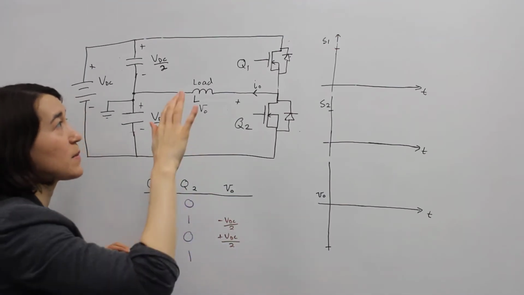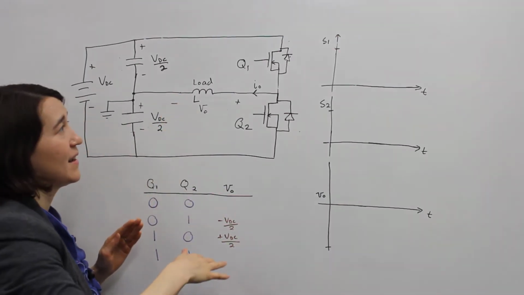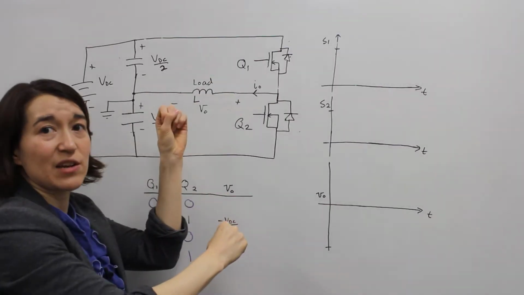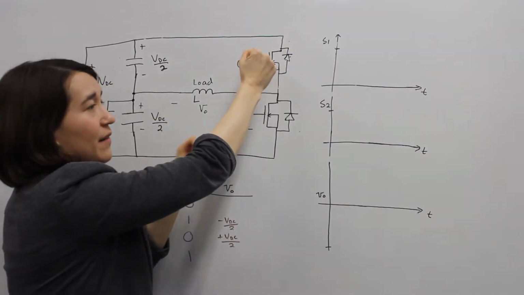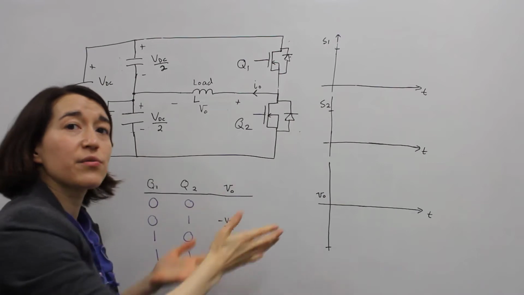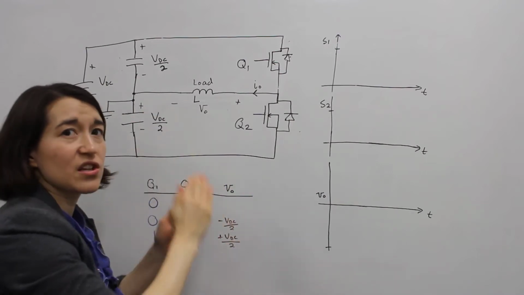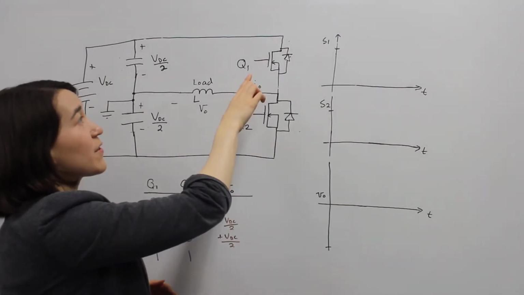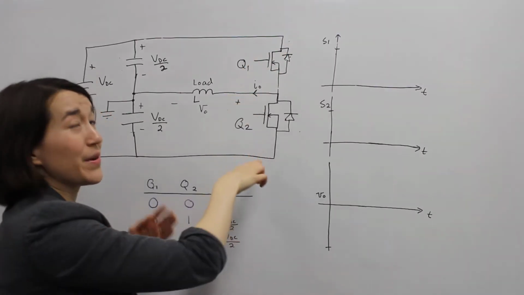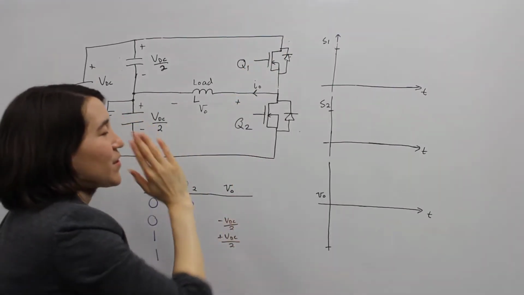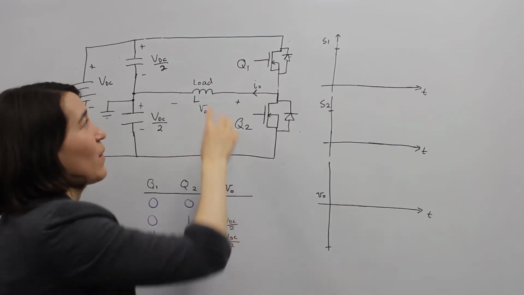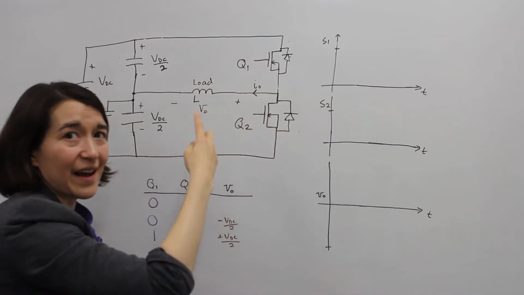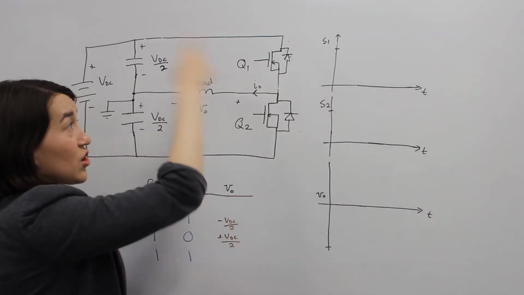But when we're switching between these two states, in the ideal case, we instantly change between the two. This instantly turned off, this instantly turned on. But in real life, they're actually going to transition slowly. So this will be turning on or off, and this one will be doing the opposite. So for a very small instant, they will both be on at the same time and be able to conduct current.